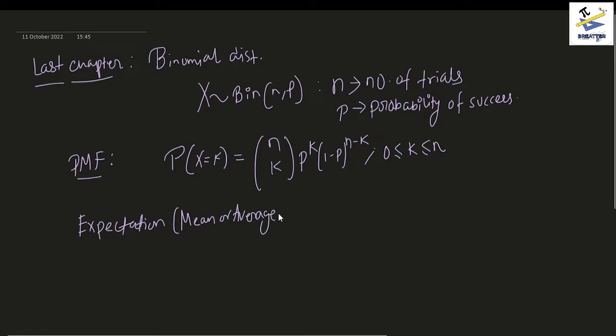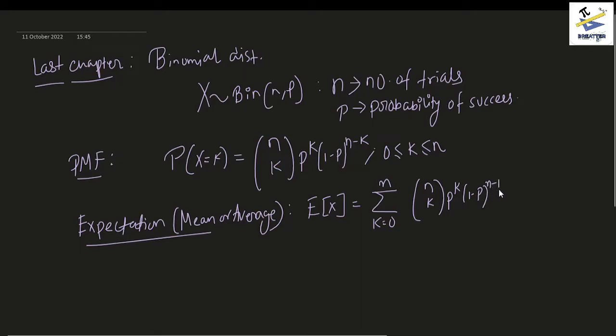This is basically given by E of x equals summation k equals 0 to n. I'm writing it specifically for this distribution. In general, you do know what expectation represents, as we have done in the previous videos. So for this one, it should be nCk p to the power k into (1 minus p) whole to the power n minus k, and there would be a k in the beginning.